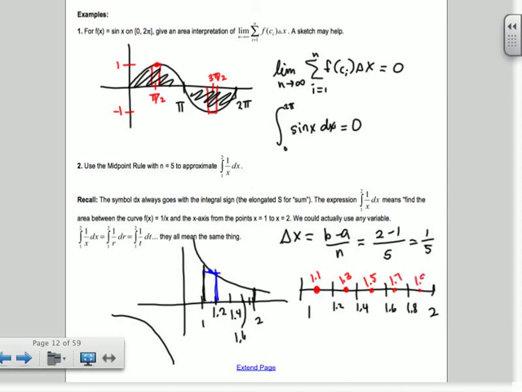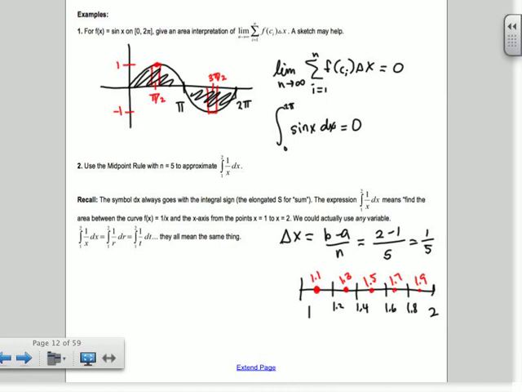Why? Because we want our rectangle to be, if I zoom in here, it will make more sense. Let me draw it again. Say this is 1 and this is 1.2. We want the height of my rectangle to be in the middle, like that.